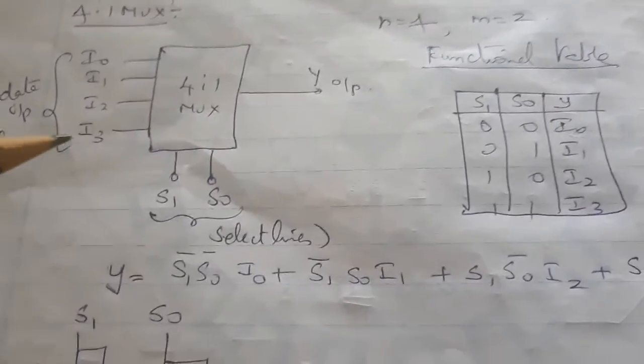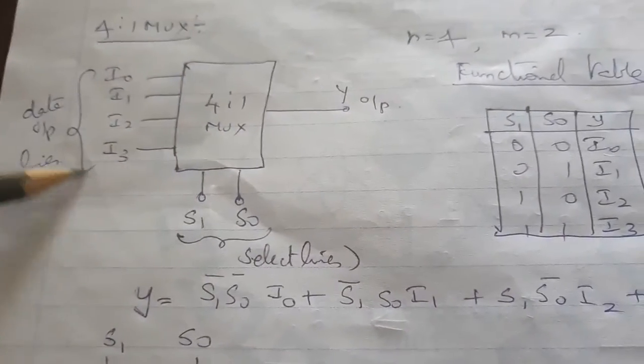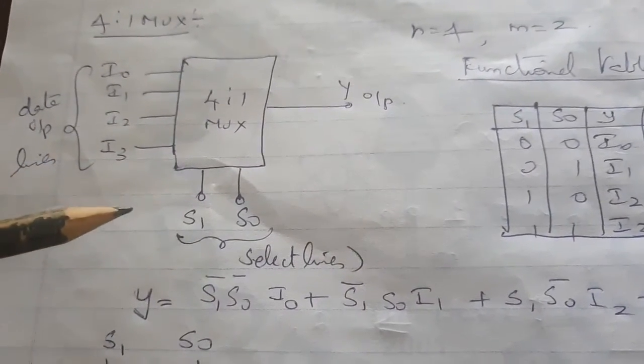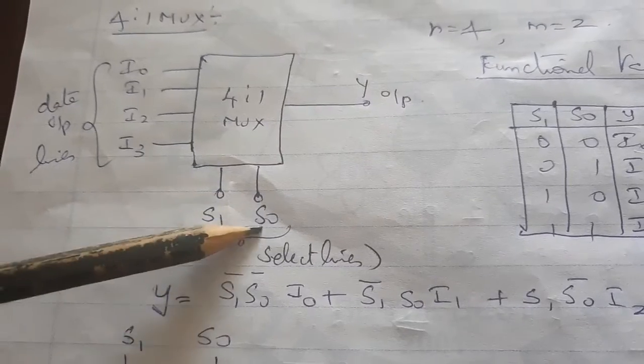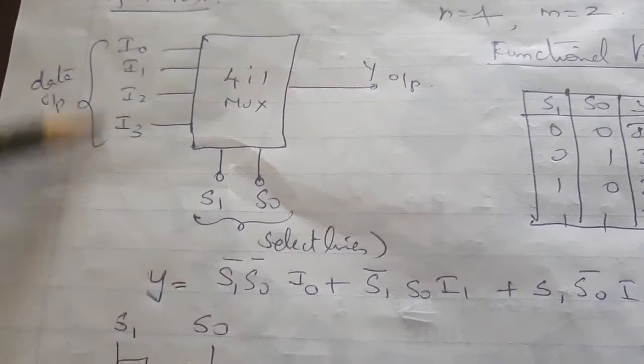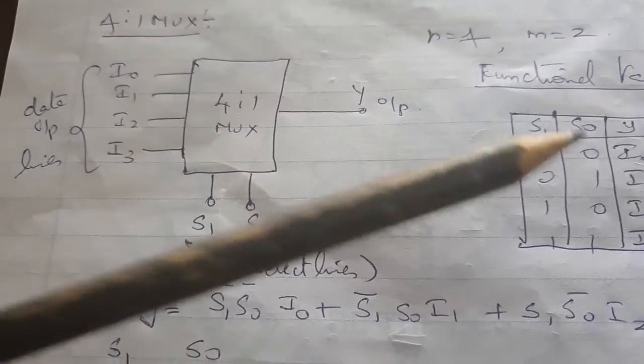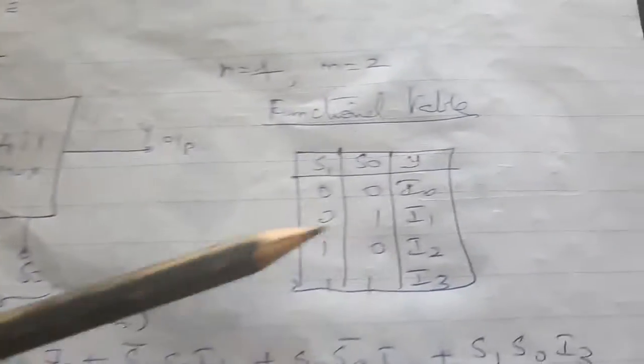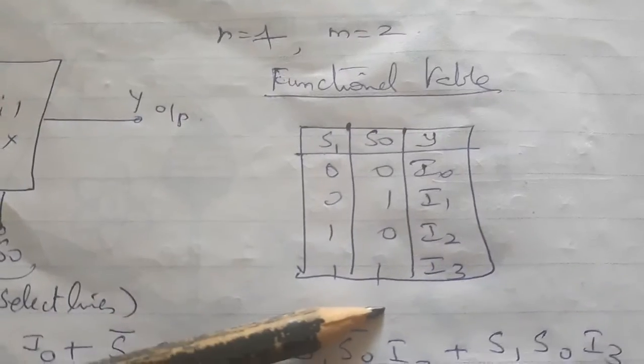Moving on to the 4 to 1 MUX, you'll know there are 4 inputs. Therefore, 2 power m, so the number of selection lines will be 2. 2 power 2 is 4: 4 inputs, 2 selection lines. Therefore the truth table will have 0 0 combination, 0 1 combination, 1 0 combination, 1 1 combination.